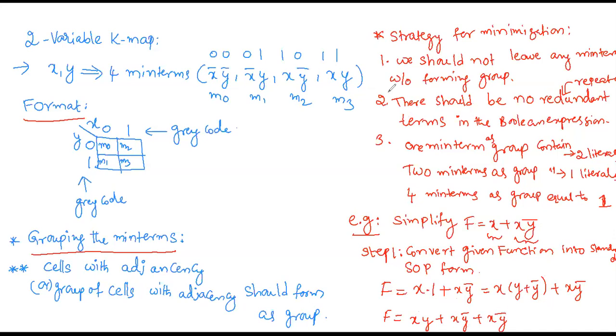There should be no repeated terms in the Boolean expression. This is a redundant term. To apply the K-map, the Boolean expression should not contain redundant terms. We know the Boolean rule a plus a is equal to a only. So xy bar plus xy bar is equal to xy bar only. So the final expression you get is xy plus xy bar.